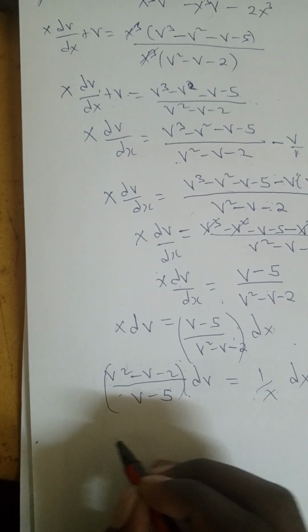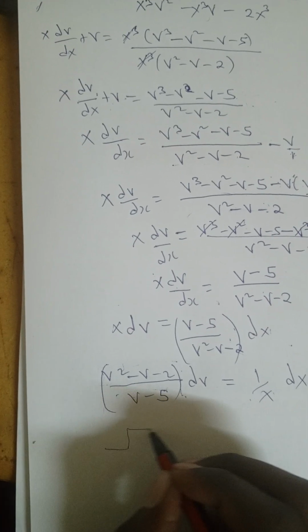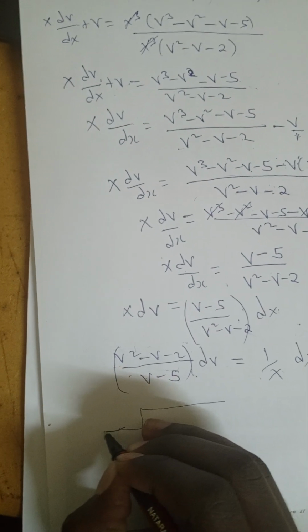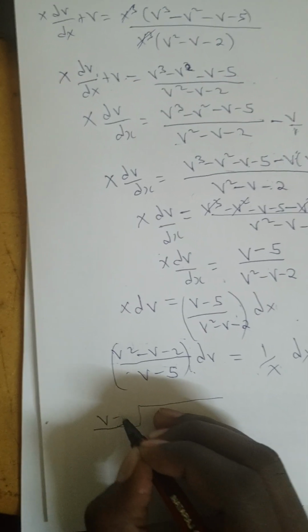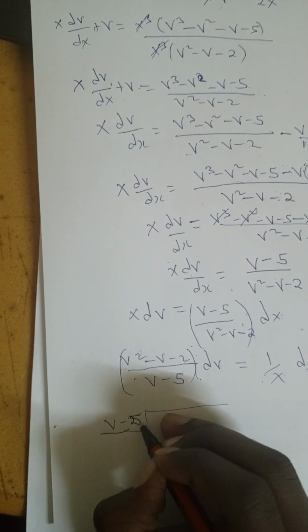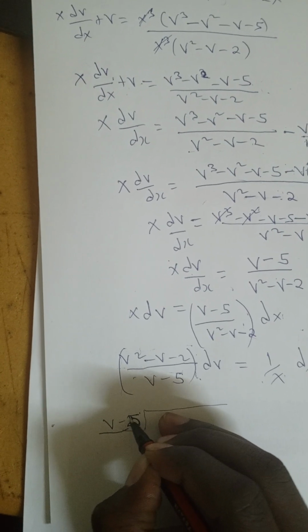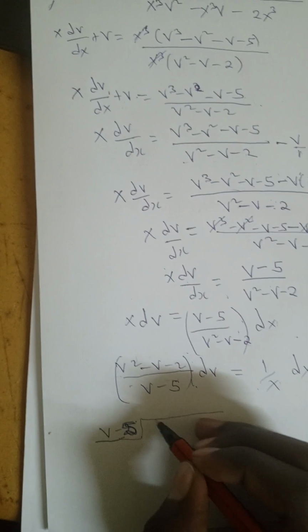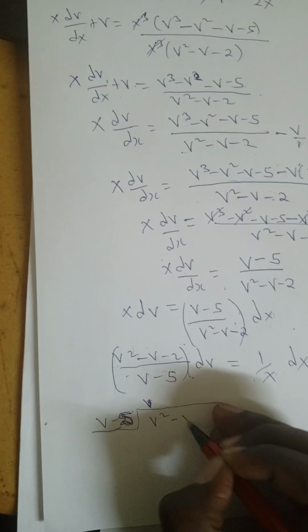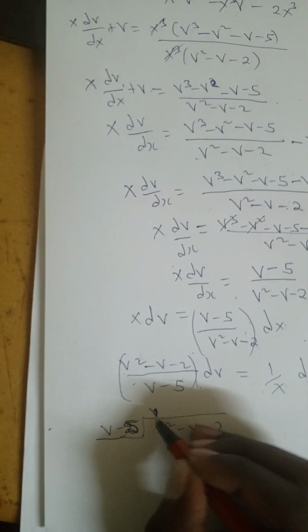Our divisor. So we can use polynomial division for this one so that we make our integration easier. This is 5v minus 5, divided by v minus 5. This will be v squared minus v minus 2.